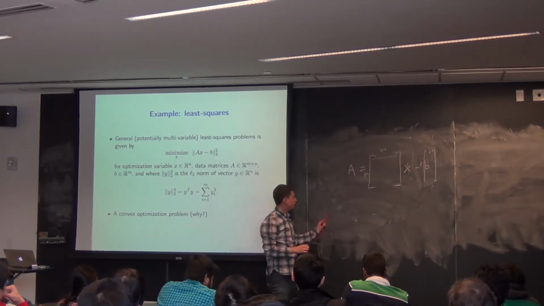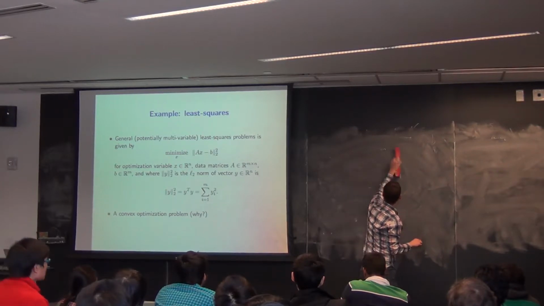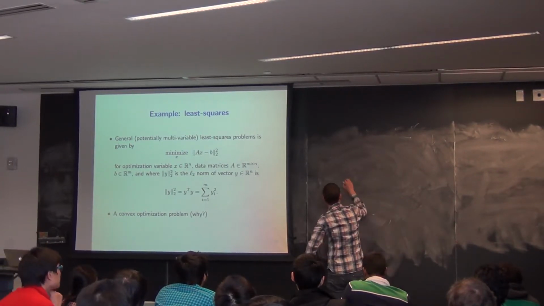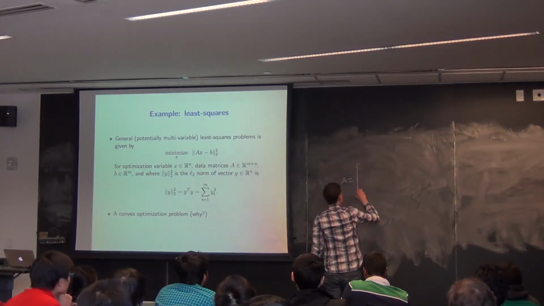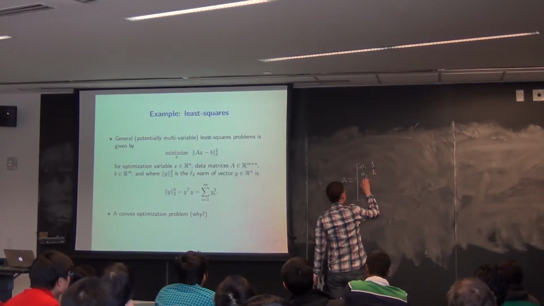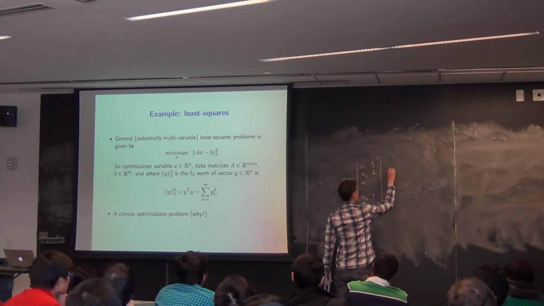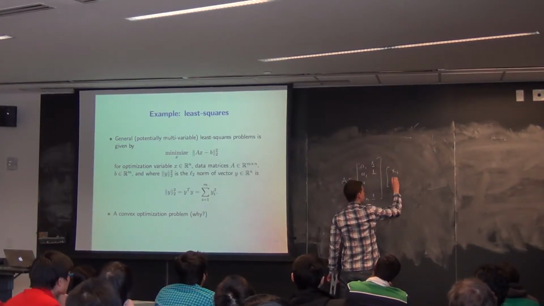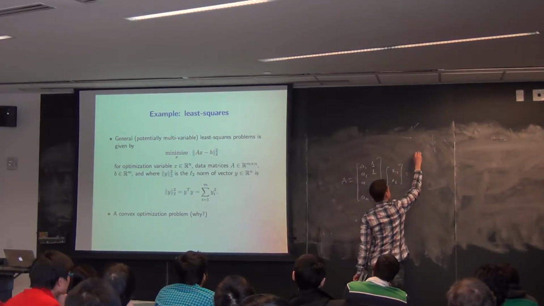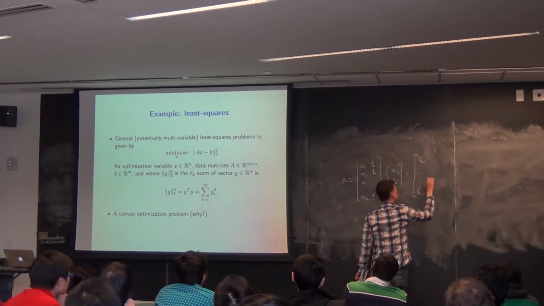So for example, in our case where we had the a's on the x-axis and the b's on the y-axis, A would really be the rows a1, 1; a2, 1; down to am, 1, times x1, x2, minus b1 down to bm.